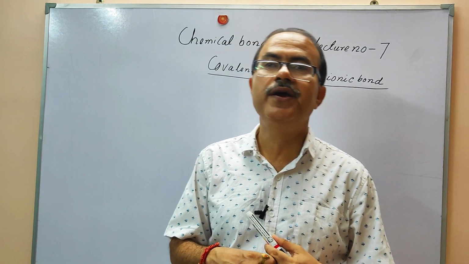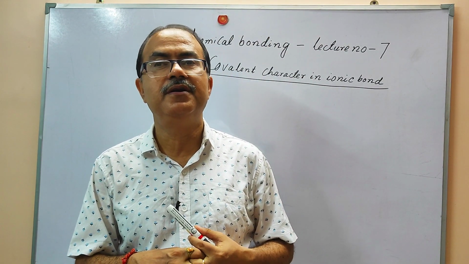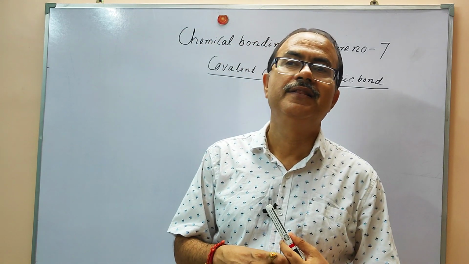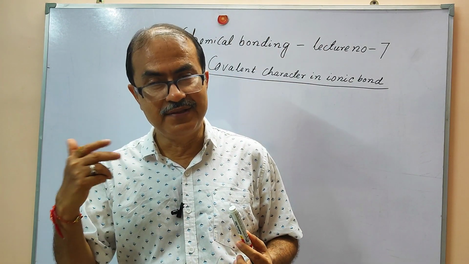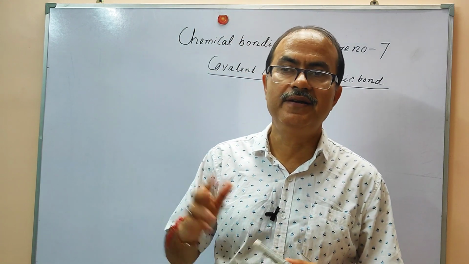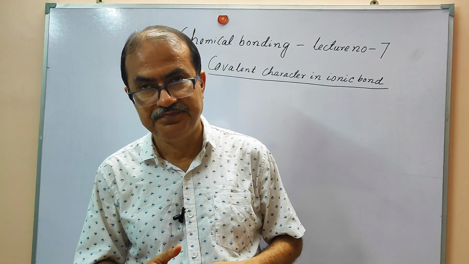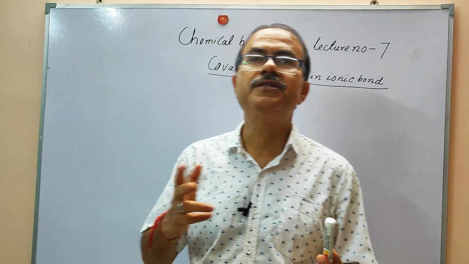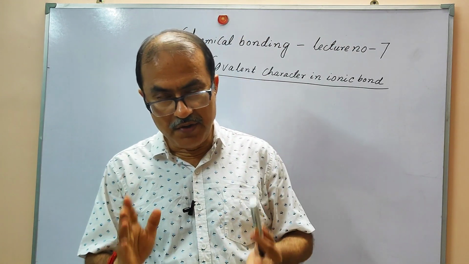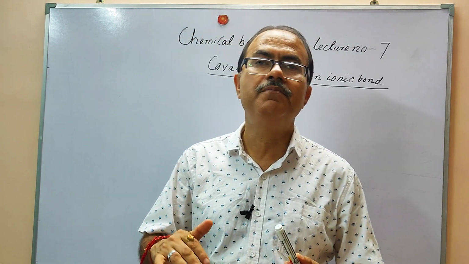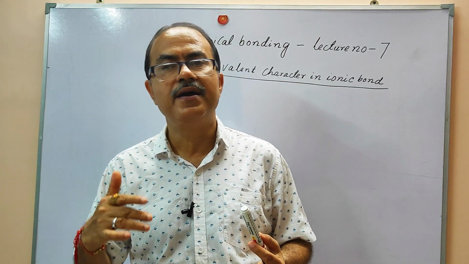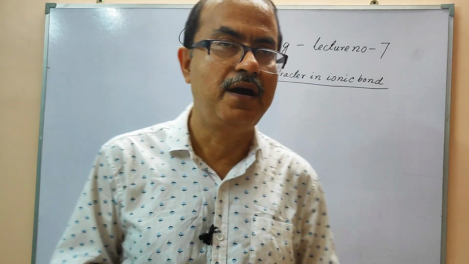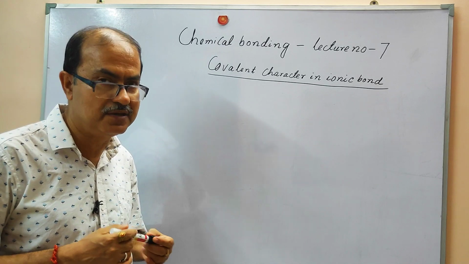In the same way that we observed in our previous lecture that covalent compounds have ionic or polar character, how does an ionic bond become covalent, and how does it achieve this covalent character?